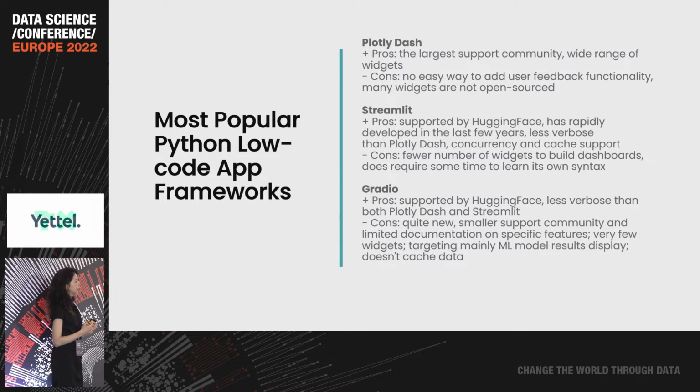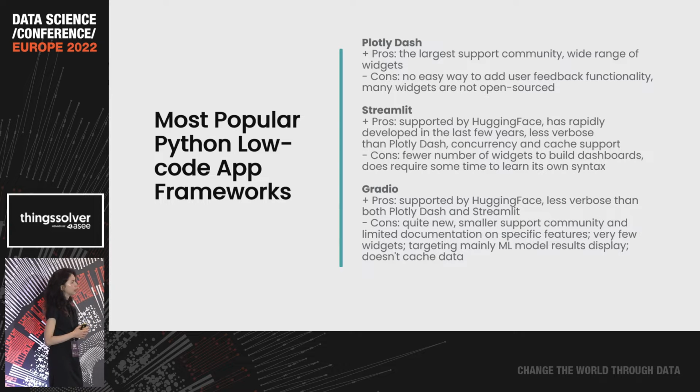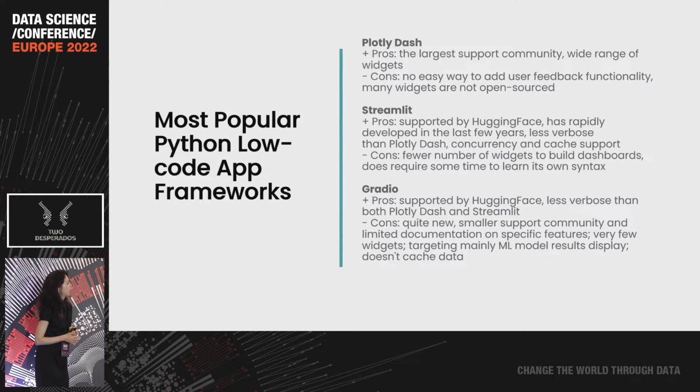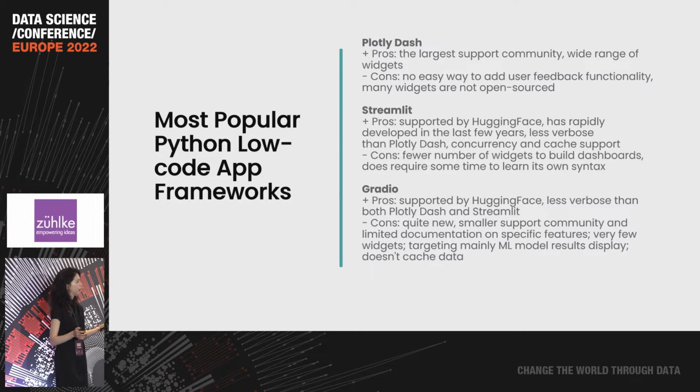For my use case, I didn't find an easy way to add user feedback functionality, and some other widgets I needed were not straightforward. So I started looking at other solutions, and I saw Streamlit, which is 2 years newer. Streamlit was developed in 2019. It's supported by Hugging Face, the largest community and hub for machine learning models, especially for transformers.